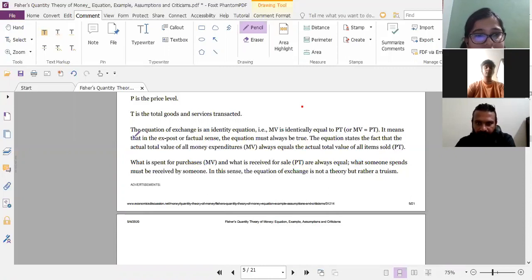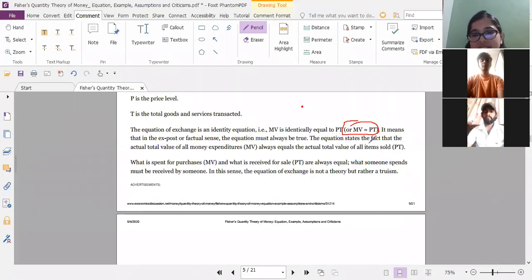So it means that in the factual sense, the equation must always be true, right? Identically, this equation must always be true, that is, MV is equal to PT. The equation states the fact that the actual total value of all money expenditure always equals the actual total value of all items sold.